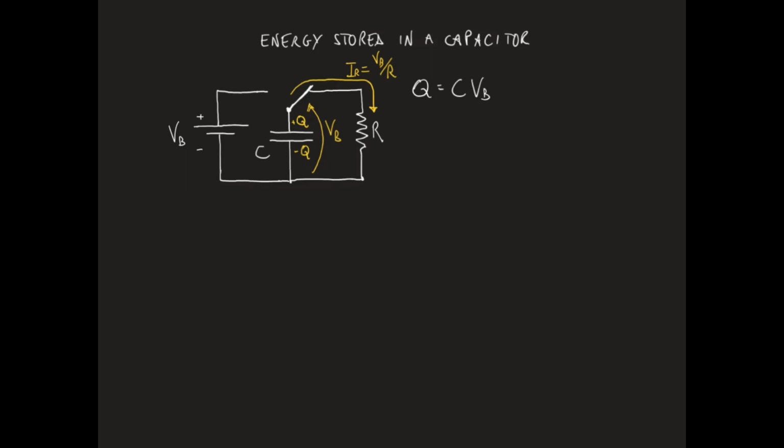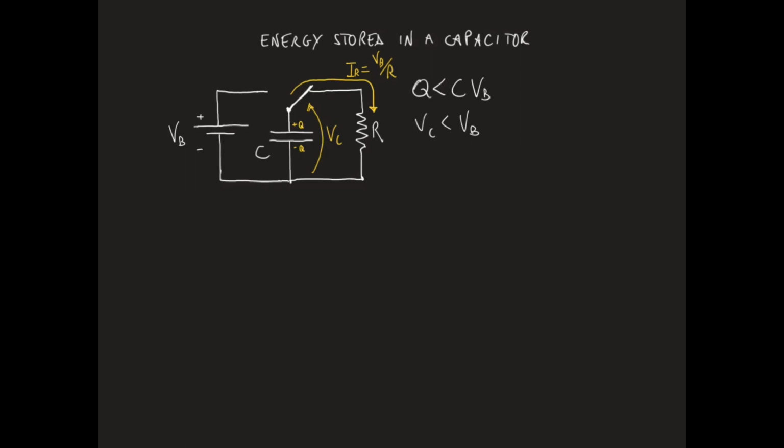As the current flows, the charge on the two plates of the capacitor will decrease, as well as the voltage across the capacitor, which will be now smaller than VB. Remember that a current is just charge in motion, so the current IR will take charge away from the capacitor. And this is the reason why the charge on the plates and the voltage across the capacitor reduce.